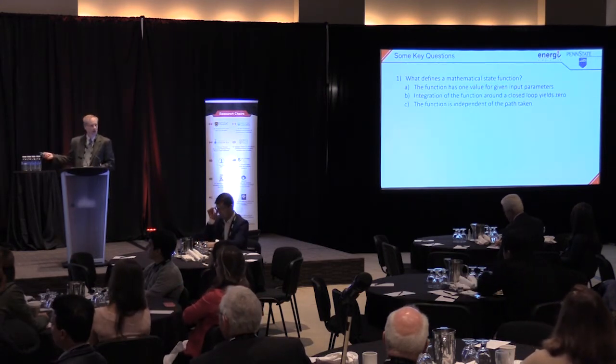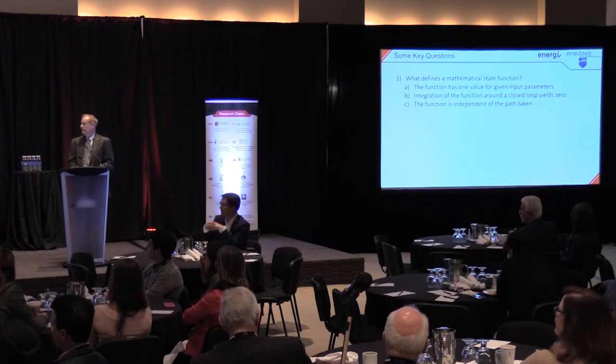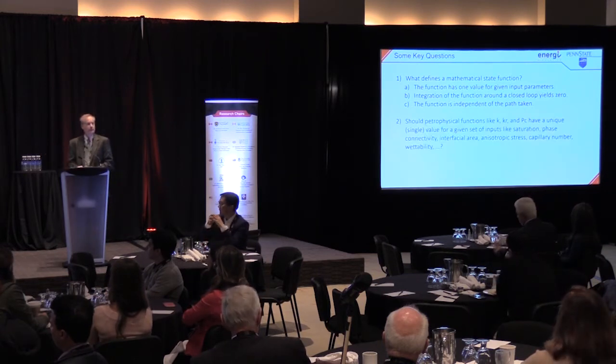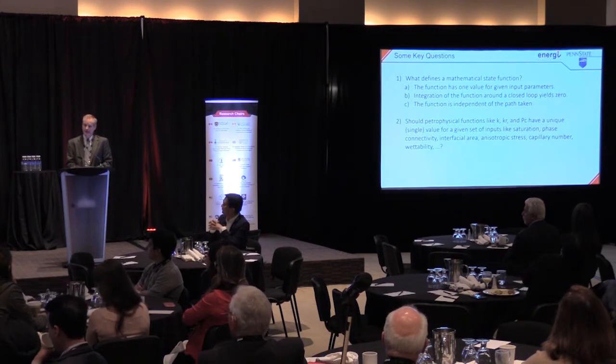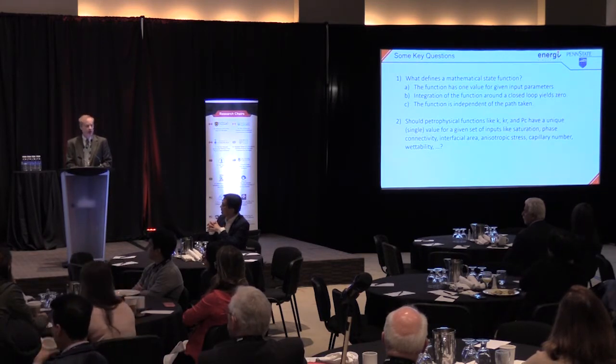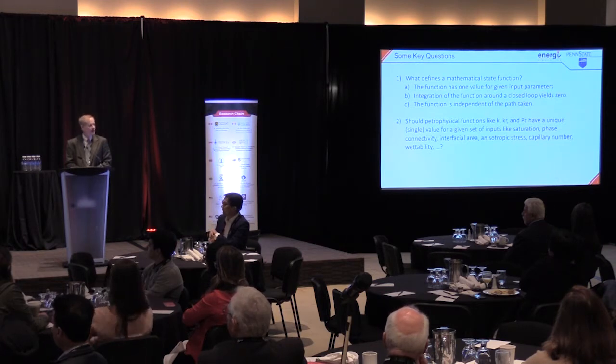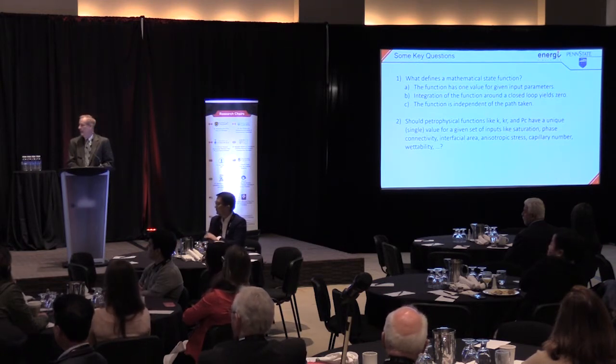And then I have something else, because why not have things also be like state functions, such as permeability, KR curves, capillary pressure curves. What is stopping us from expressing them in the same way?